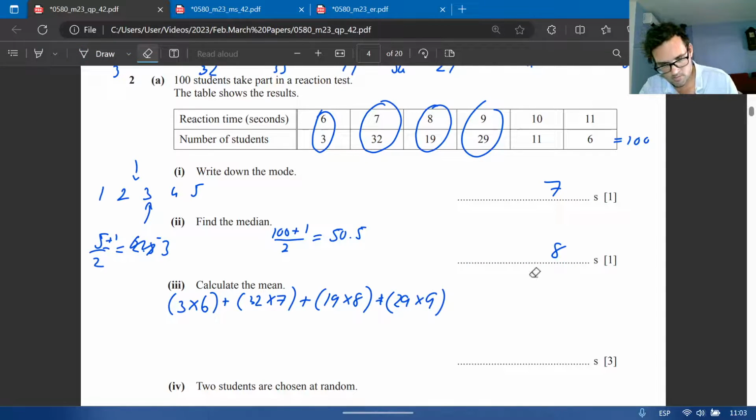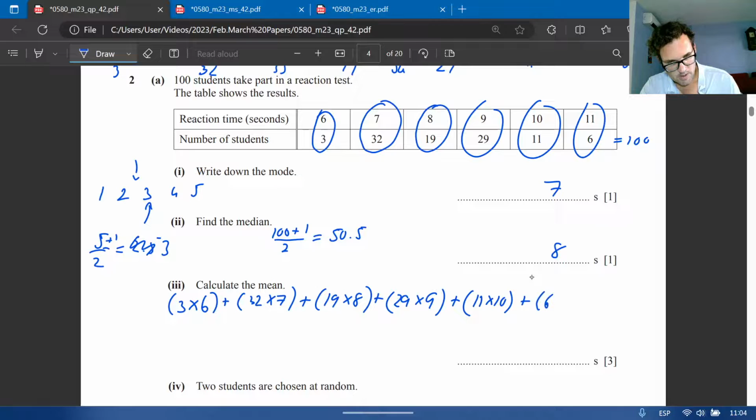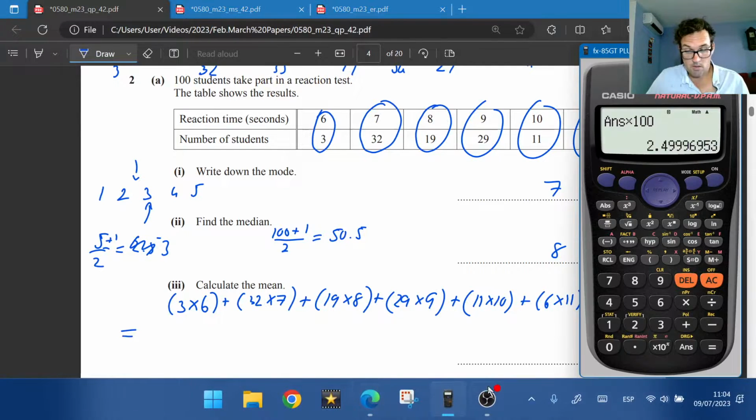Then we got 11 people, reaction time 10 seconds. And then we got 6 people, reaction time 11 seconds. So let's work out, if we add all the reaction times together, what do we get?